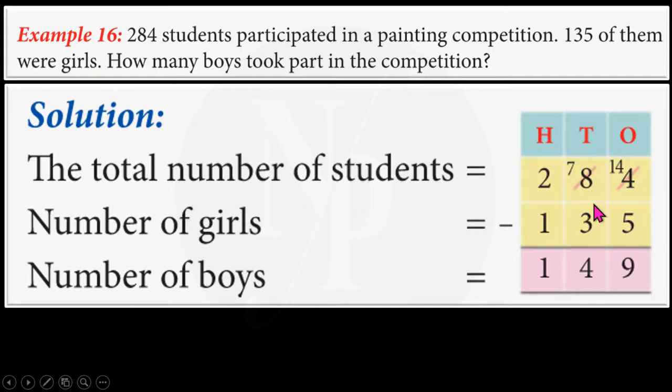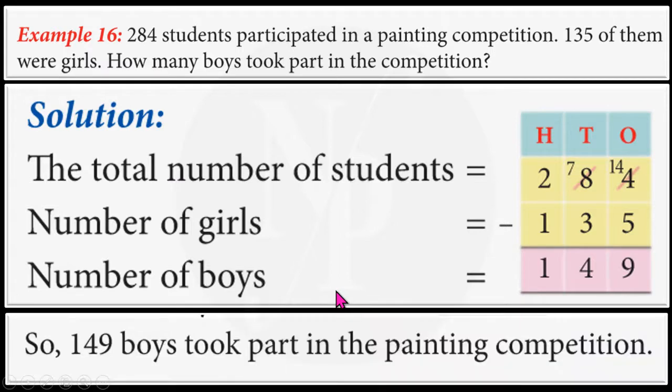Here in tens column, we subtract 3 tens from 7 tens to get 4 tens as a difference. And subtracting 100 from 200, we get 100. Therefore, we get 149, which represents the number of boys participated in that painting competition. So, 149 boys took part in the painting competition.